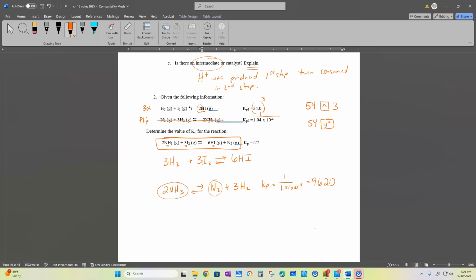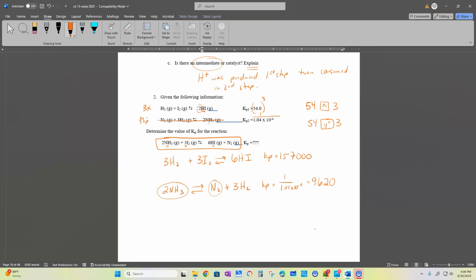So I'm assuming I don't have a scientific calculator in front of me. 54, hit that button, and then 3. So let's see if we all get the same thing. 54 cubed, big number, 3 sig figs, my Kp is 157000. Okay. AP is more concerned about sig figs than rounding.